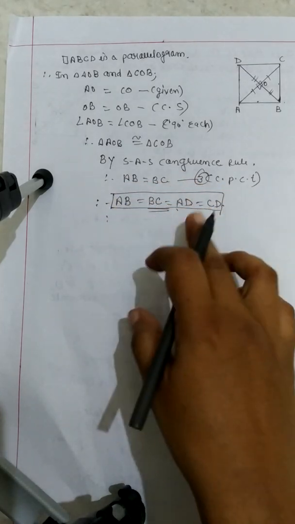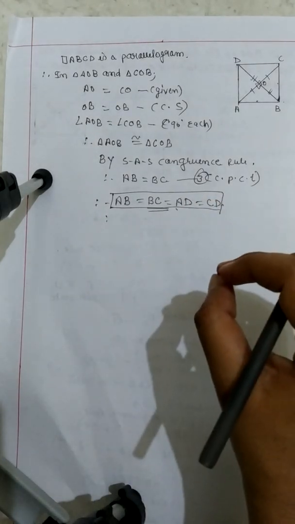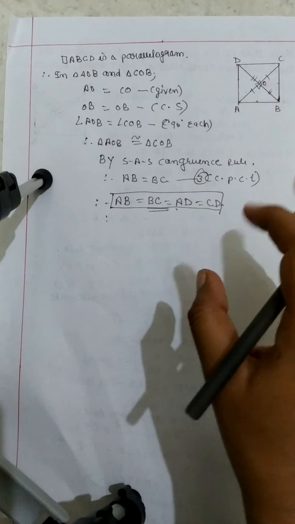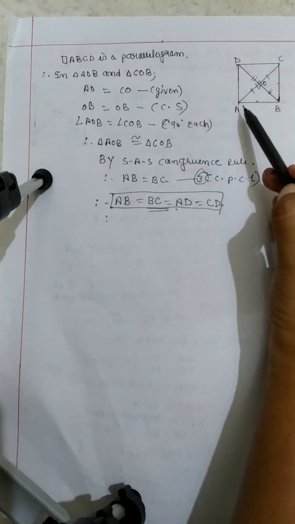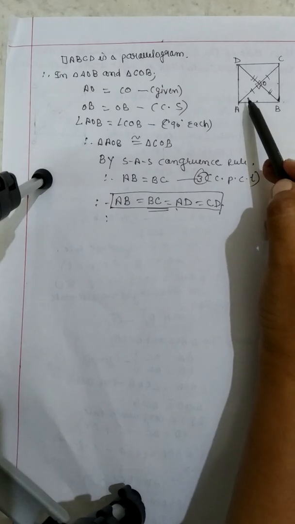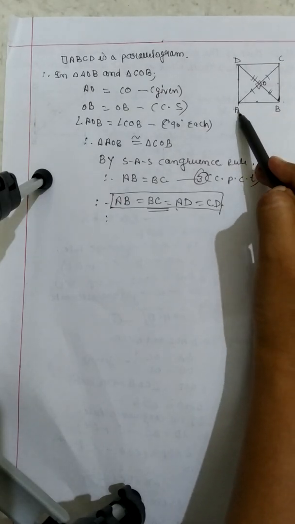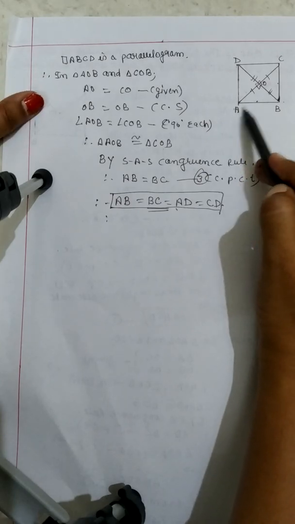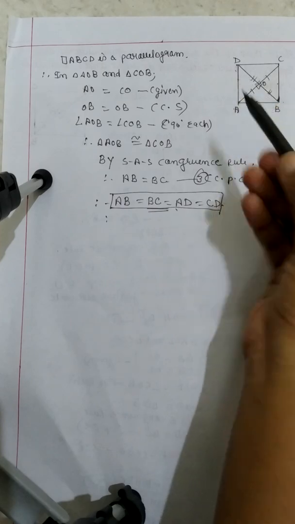Now coming to proving the 90-degree angle. If any one angle is proved as 90 degrees, then also we can say that it is a square. So my dear students, here we are going to go once again with congruency, and now it would be triangle ABC and triangle DCB, and this method you have already done.